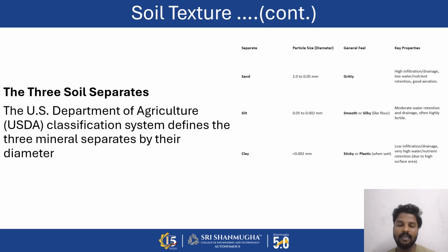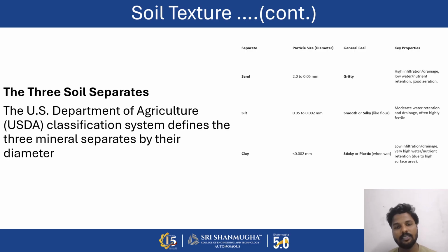The first one is sand, with particle sizes in diameter ranging from 2.0 to 0.05 millimeter. That generally feels gritty, and it has properties like high infiltration, drainage, and low water and nutrient retention. At the same time it has good aeration because the pore space is higher in sand soil.